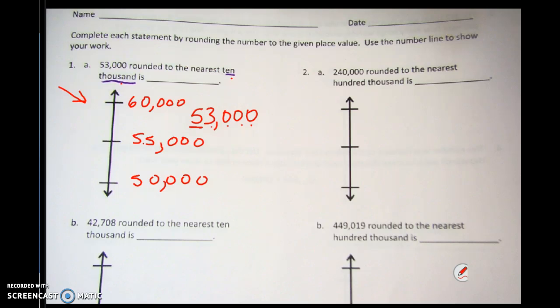Now, once I have this down, I'm trying to figure out where this 53 is going to fall on my number line. Place that dot there now. Where would 53 fall?